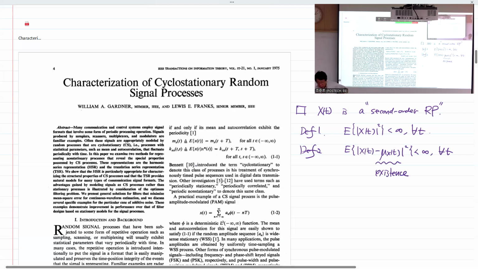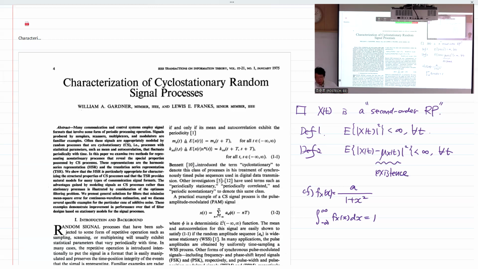So let me remind you of the Cauchy random variable. I don't remember the exact coefficient, probably pi or 1. But suppose that you have a continuous random variable that is called Cauchy random variable. A is selected to make the overall integration of the density equal to 1, to make it a legitimate PDF. Then let me ask you a question.